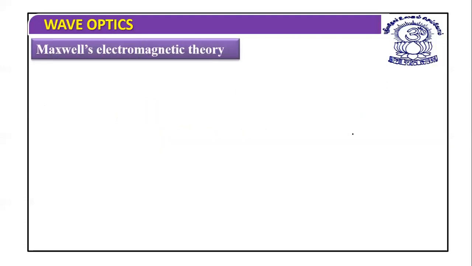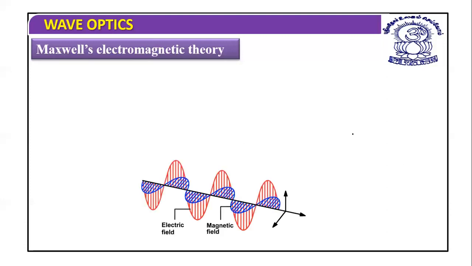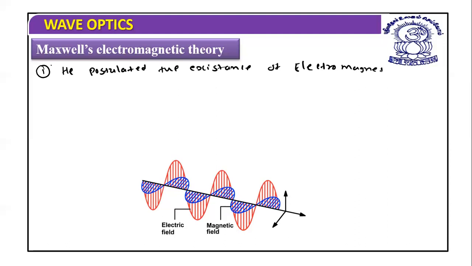So let us see the points in Maxwell's theory. First, Maxwell postulated the existence of electromagnetic waves, which we simply call EM waves.